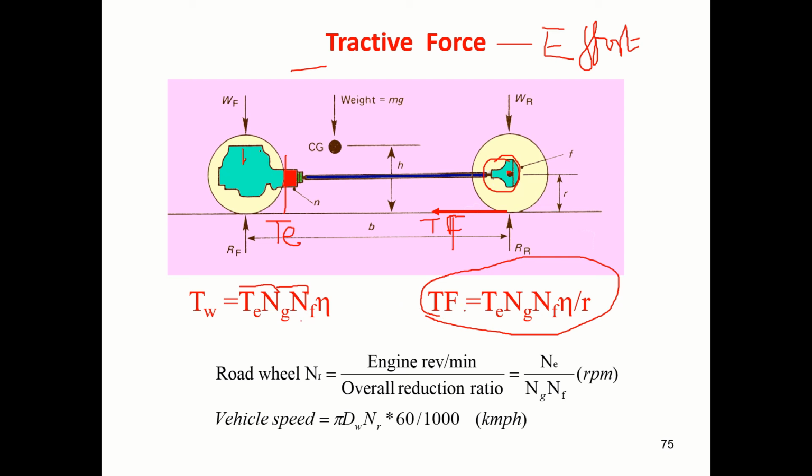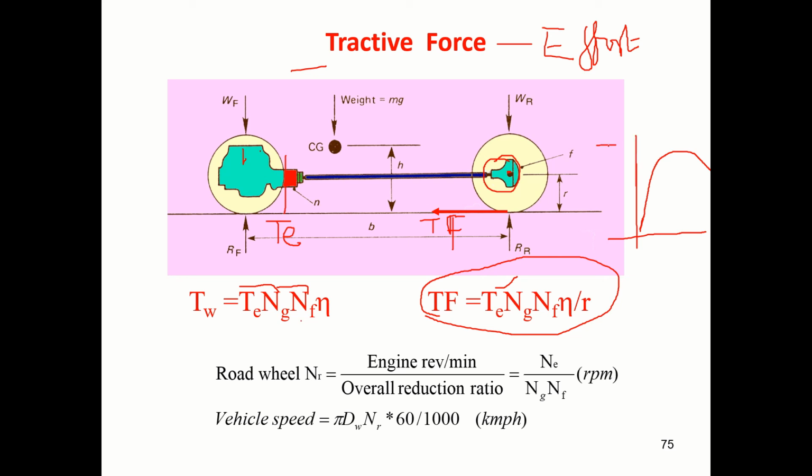Again, if you look at the engine characteristic, engine torque like this. At low speed the torque will be low. Then the torque increases. Then after that as you further increase the speed, torque falls down.